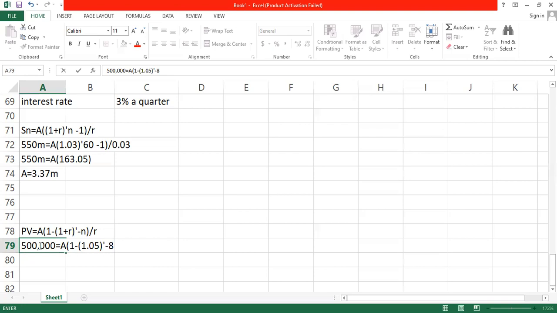And all this is divided by 0.055. Sorry, it's 5.5 percent, so 0.055. Let's do it one by one and see.